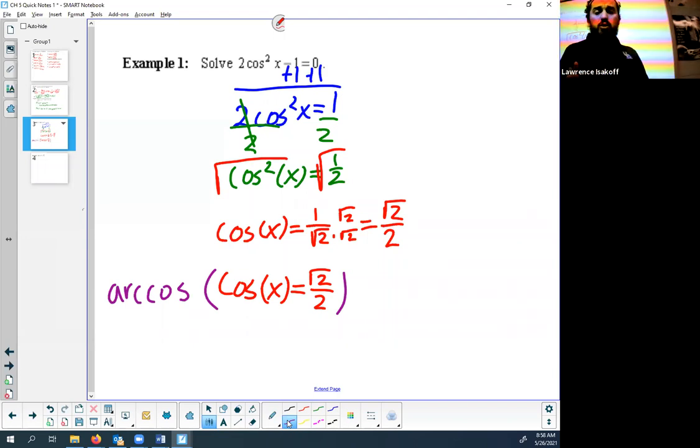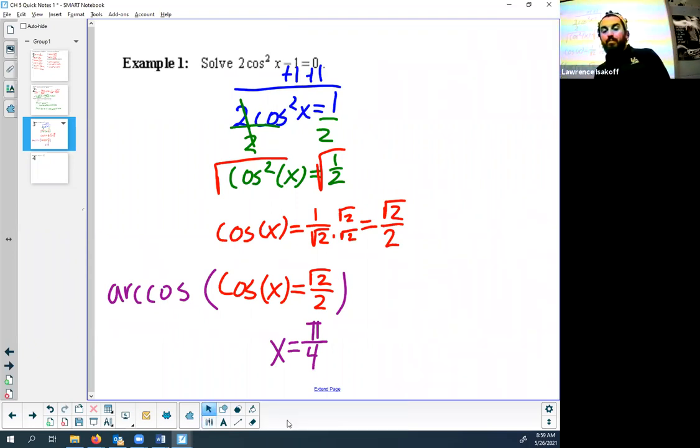And thinking back to the unit circle, root 2 over 2, oh, that's at pi over 4. So when I take the arc cosine of that, we get that x is equal to pi over 4. So that's the idea of solving a trig problem.